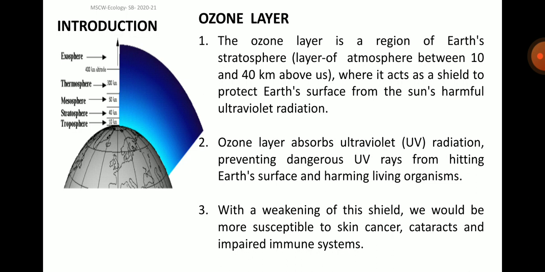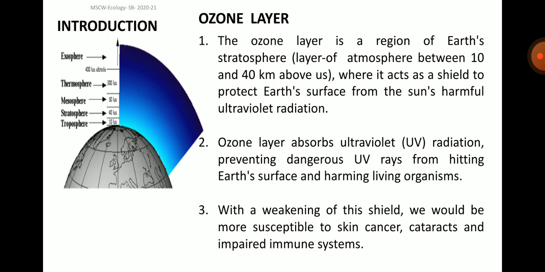So, as we all know, the atmosphere has 5 layers which are as follows. They are described as troposphere, stratosphere, mesosphere, thermosphere and exosphere, depending on the kilometers which are away from the surface of the earth.